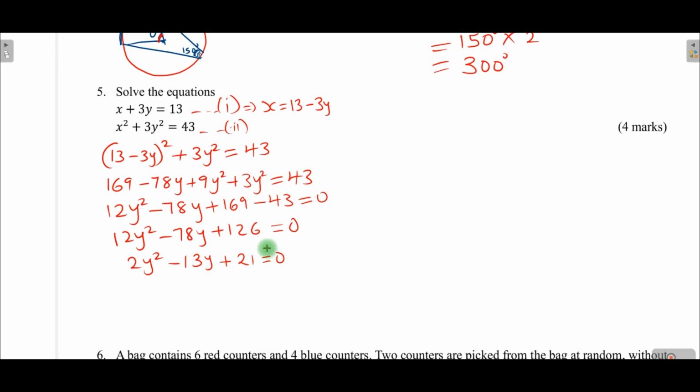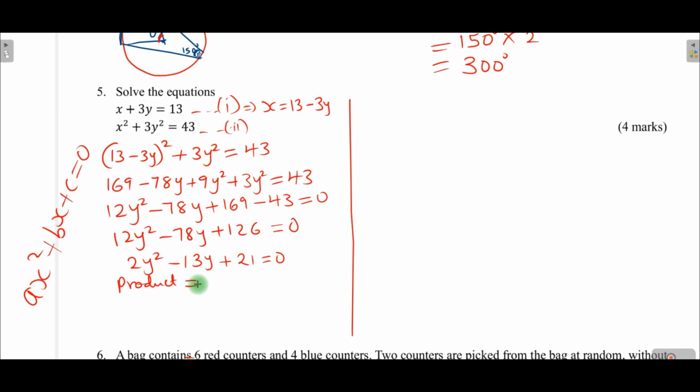Now it is easier to use the factorization method. So get the product of AC, since it is in the form ax squared plus bx plus c is equal to 0. So a is 2, b is minus 13, c is 21. So the product AC is 2 times 21, that is 42.